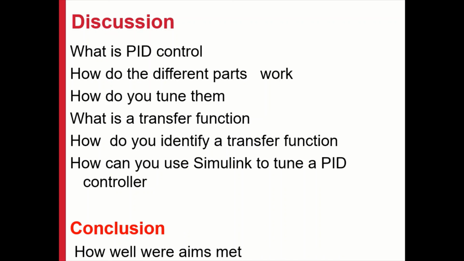So explain what a PID controller is, how do the different parts, the P and the I and the D, work, how do you tune them, what is a transfer function, how do you identify a transfer function from real data, and how you can use Simulink to tune a PID controller, maybe what the advantages and disadvantages of doing that are, and then in conclusions, how well your aims were met. And that will give us the discussion and the conclusion in the final section of your report.